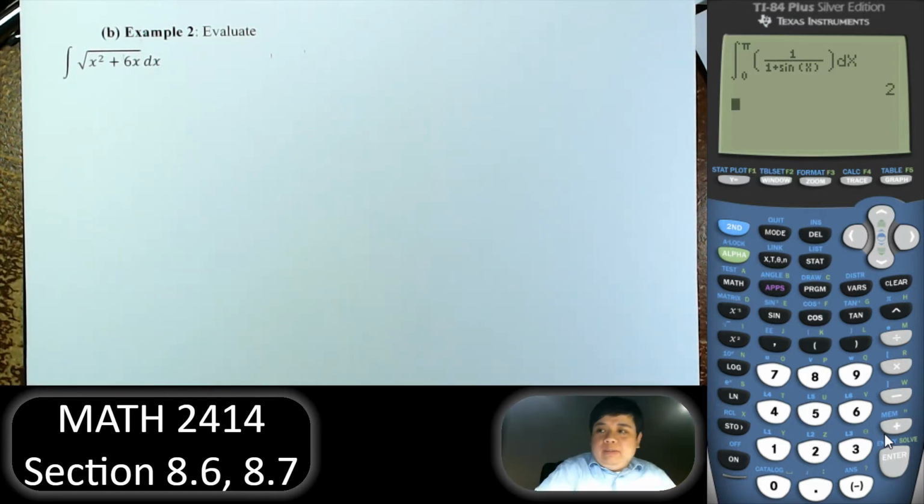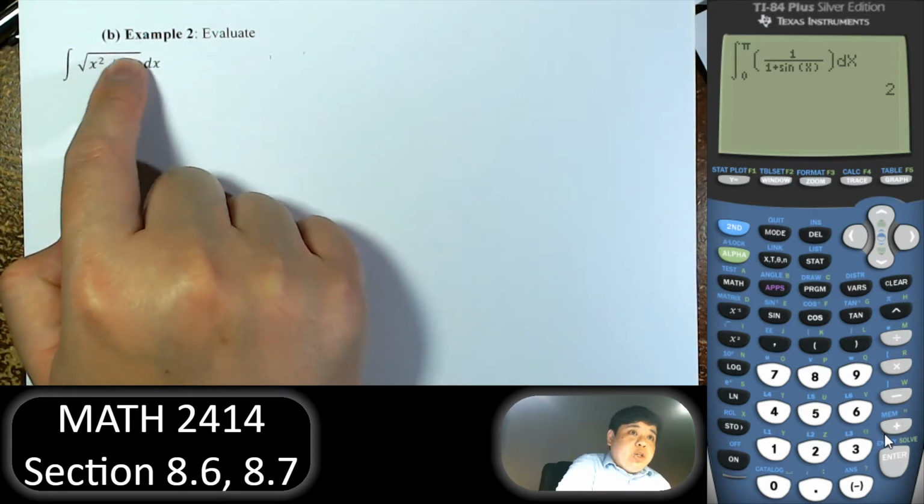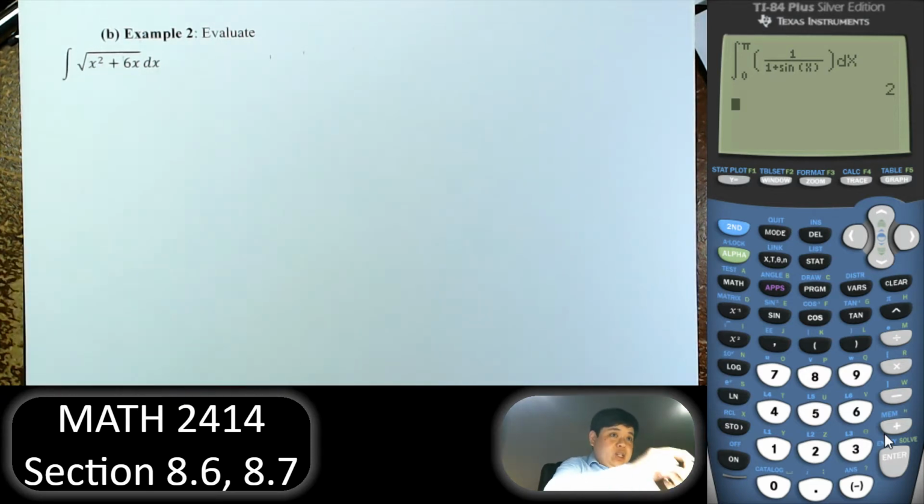If we go back to section 8.4, when we have something under the square root, we do trig substitution. The reason we do trig substitution is that somehow we can combine this into one term, so the square root cancels the square.